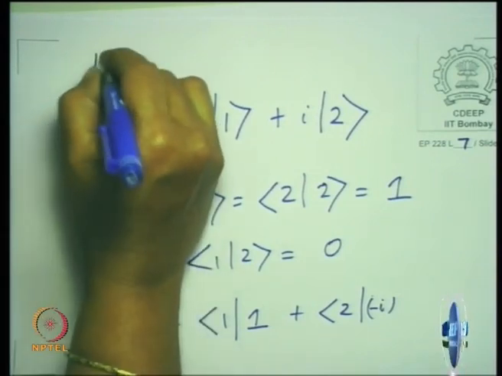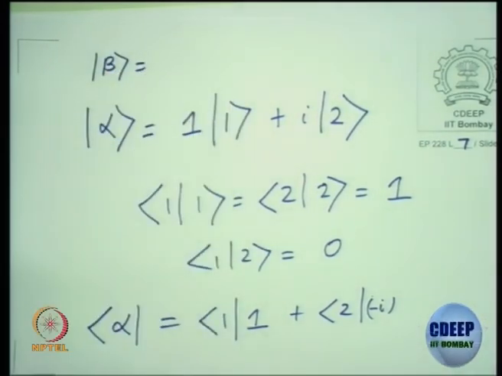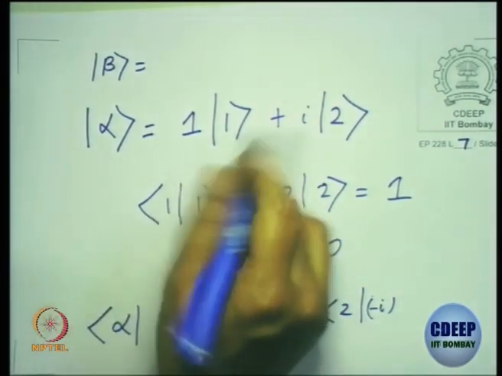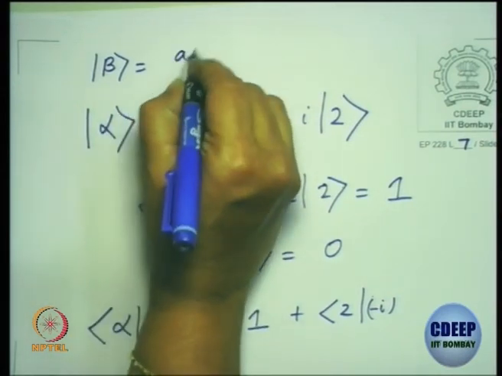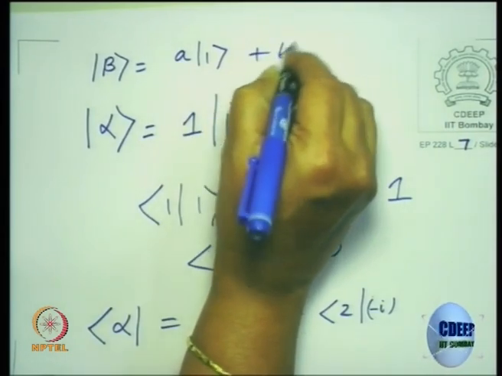But an arbitrary beta, if I want to write it, would be some a times |1⟩ plus b times |2⟩.